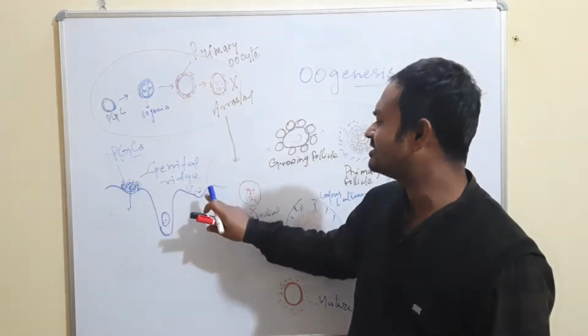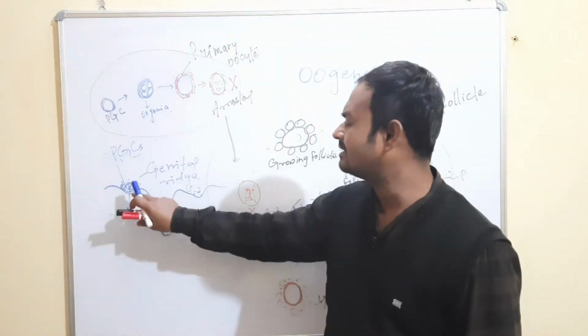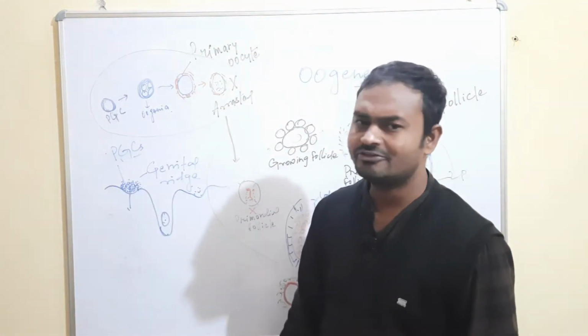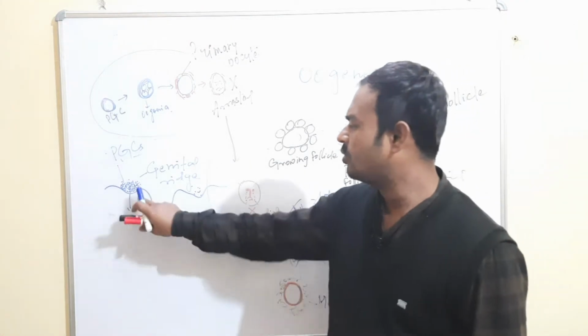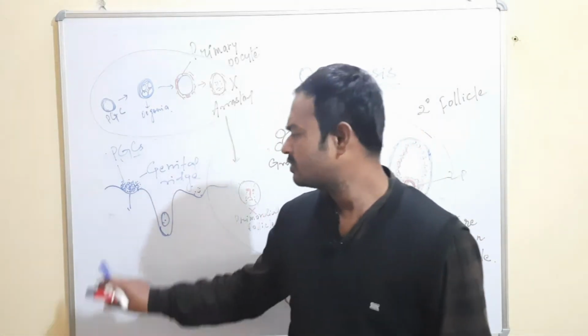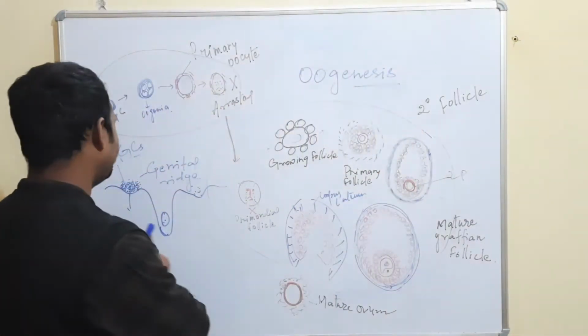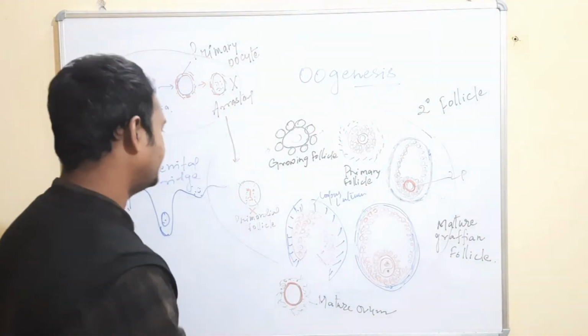Each genital ridge will develop into an ovary, and the cells present in the genital ridge will give rise to the formation of the ovum. So let us begin our session from here.